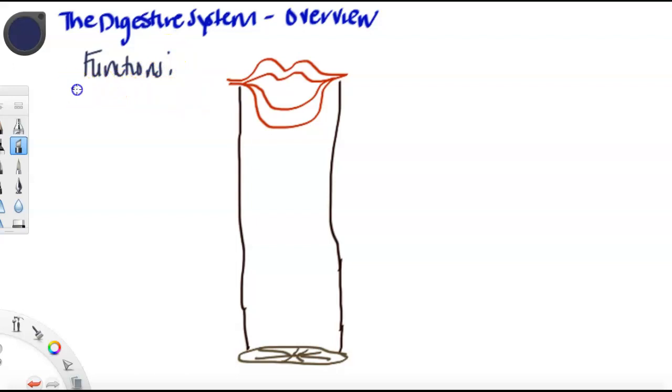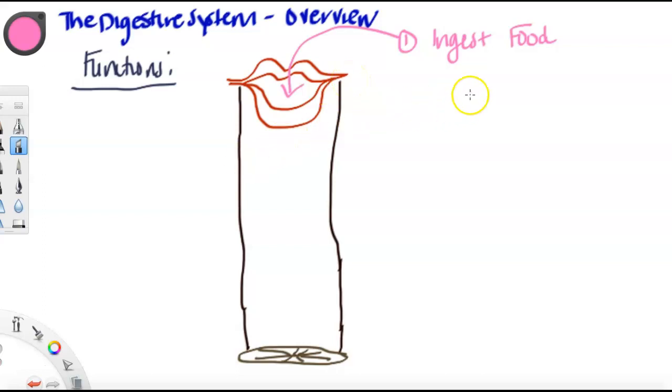So if we look at functions of the digestive tract, the first function is to ingest food, ingest nutrients. Okay? When we ingest nutrients, the food that we eat, carbohydrates, so carbs, proteins, fats, things like that, these are huge molecules.